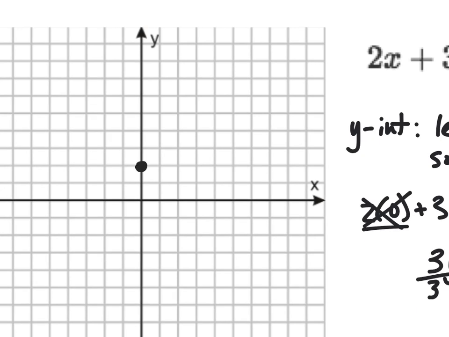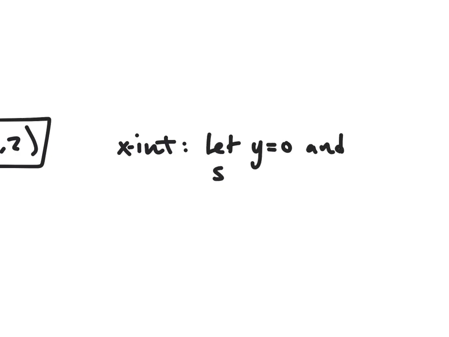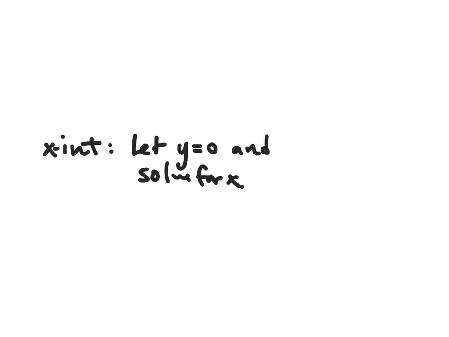And that's my y-intercept. For my x-intercept, I'm going to let y equal 0 and solve for x. So, what was our equation? 2x plus 3y. So I'm going to do 2x plus 3 times 0 is equal to 6.